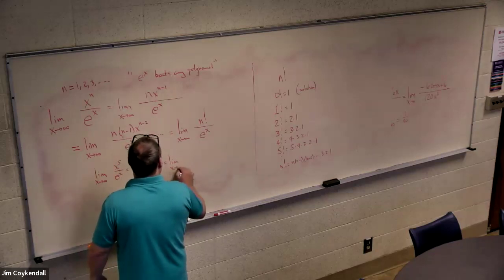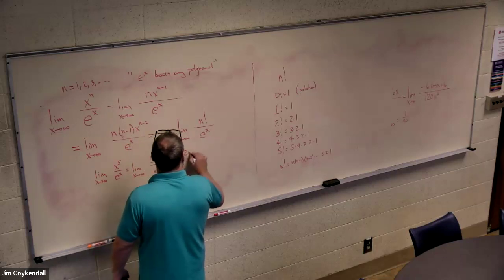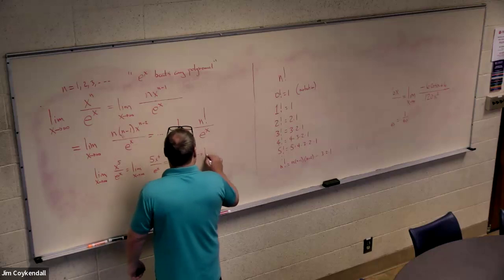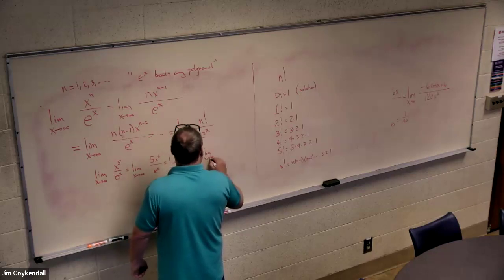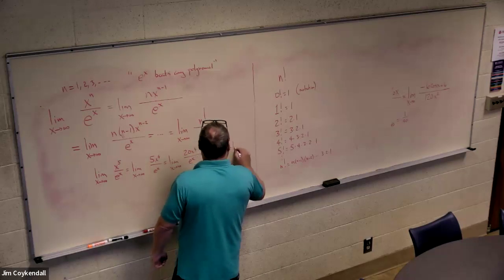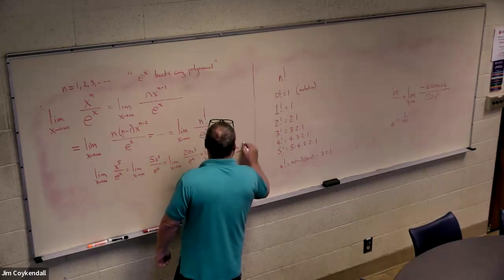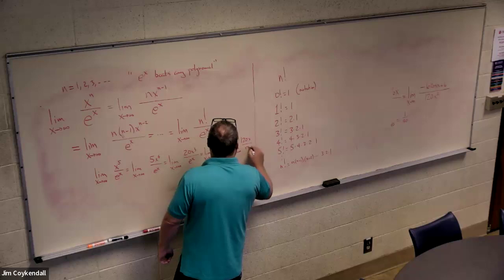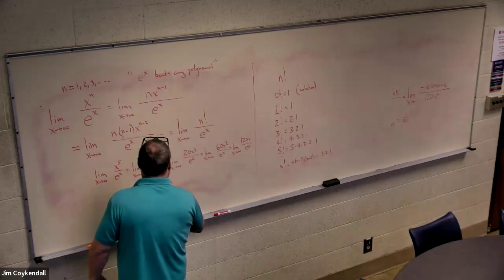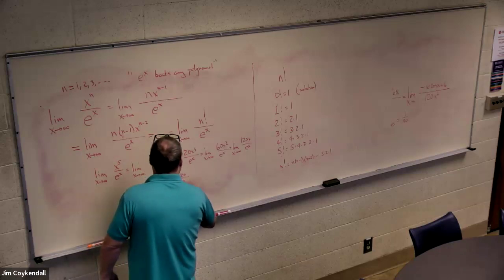Then 20x cubed over e to the x. Limit as x goes to infinity of 60x squared over e to the x. Limit as x goes to infinity of 120x over e to the x. And finally, the limit as x goes to infinity of 120 over e to the x.